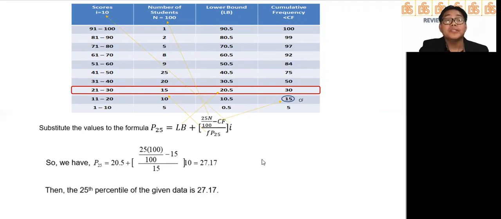Therefore, the 25th percentile of the given data is 27.17. Please try to check that in your calculator. You should get this value.